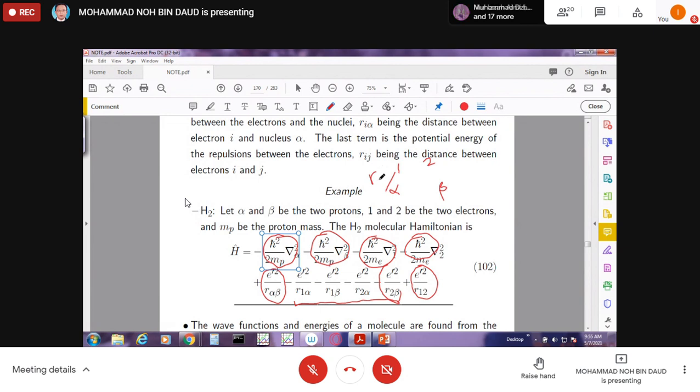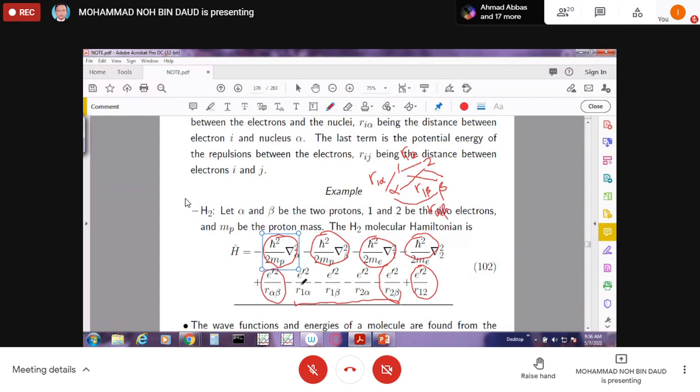This is R1 alpha, this is R1 beta. You can draw this, with all possibilities of interaction, between R12 and between R alpha beta.